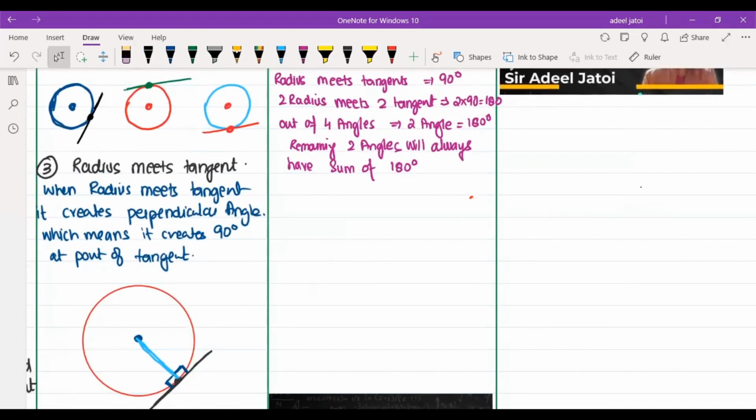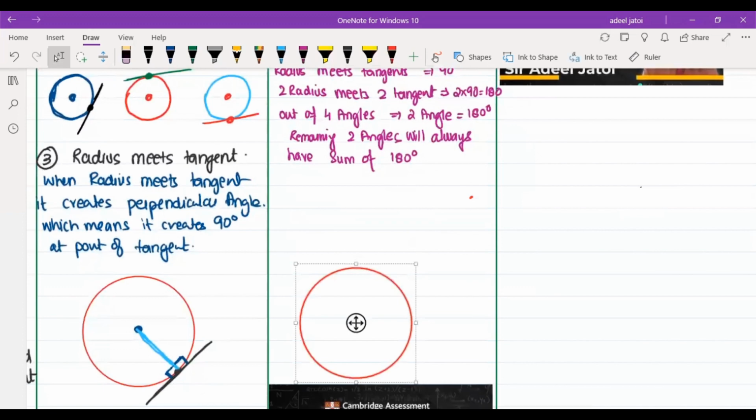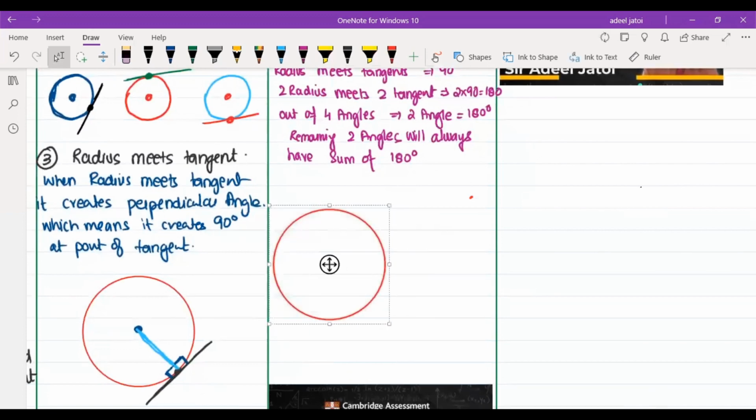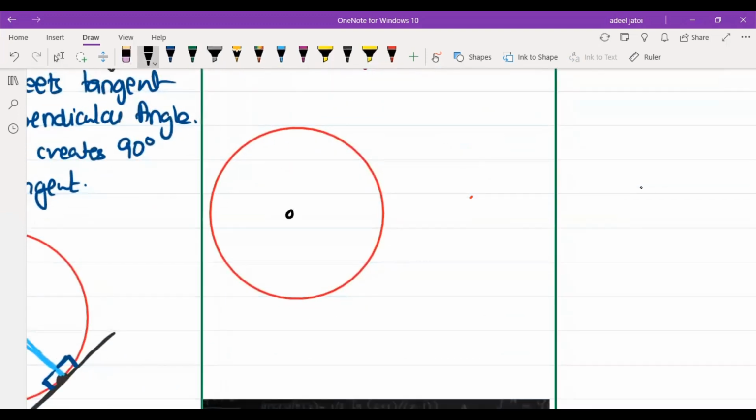But if we work through the diagram itself, let's say that this is your circle. In this circle, let's say we have the center of the circle, and there is a tangent moving.